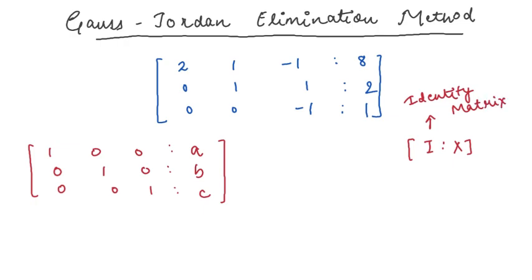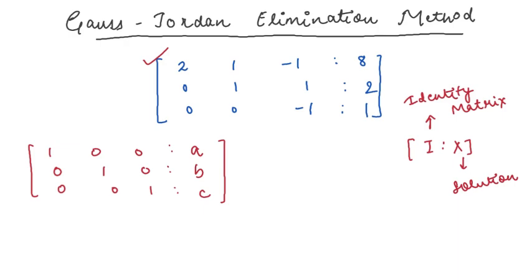The same three row operations are used: interchanging two rows, multiplying a row by a non-zero constant, or replacing a row by itself plus a multiple of another row. These operations do not change the solution of the system.